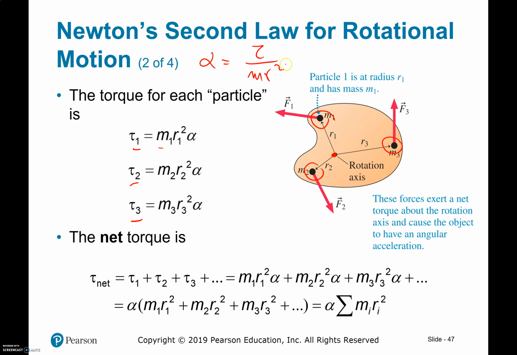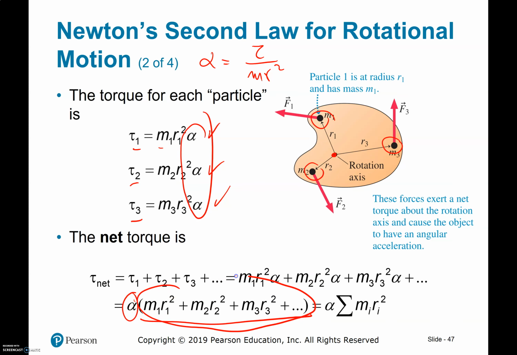We rearrange that and write it for each one of the masses. Now we notice that alpha is going to be the same for everybody, right? So then we simplify alpha, and we call this whole thing here the moment of inertia for this rigid body. So that's the definition of moment of inertia.